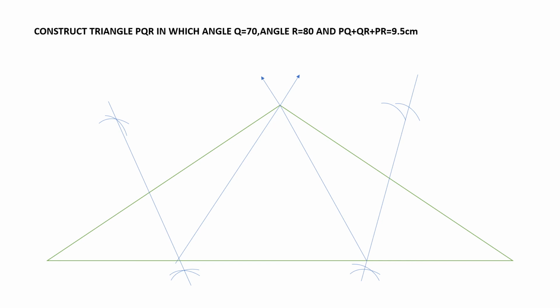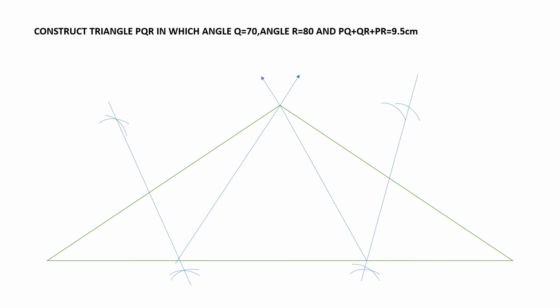Then you mark here Q. This will be your Q. Joining this, you have to mark with the compass arc here also, here also.